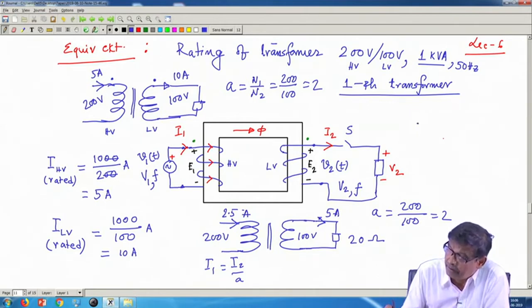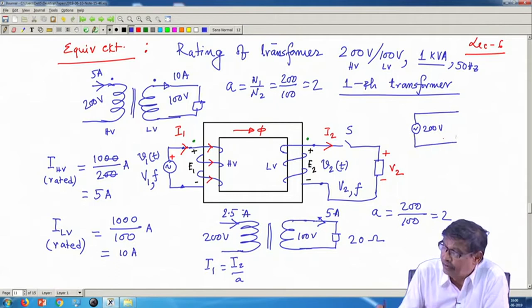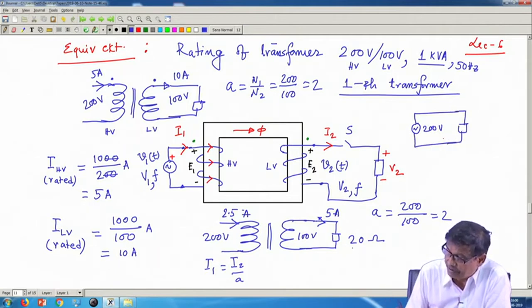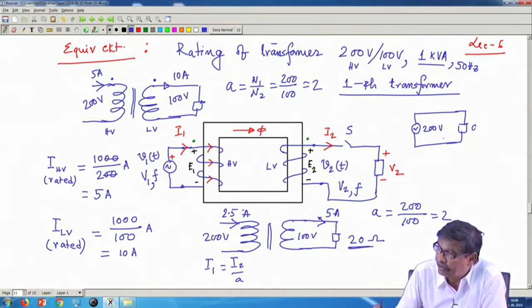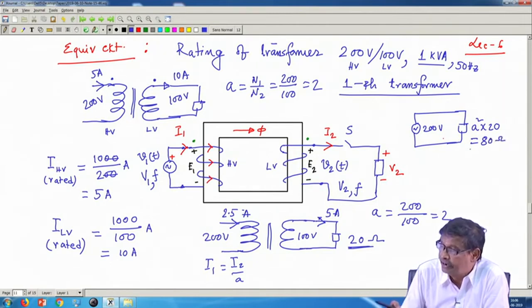A source of 200 volt, and across it an impedance. If you have connected 20 ohm, it is a squared into 20, that is 80 ohm. a is 2, 80 ohm, and 200 by 80 gives 2.5 ampere.